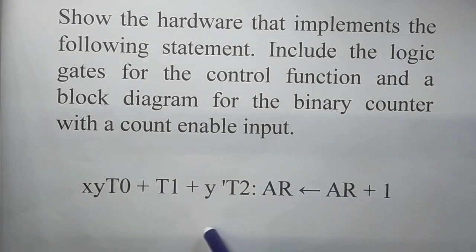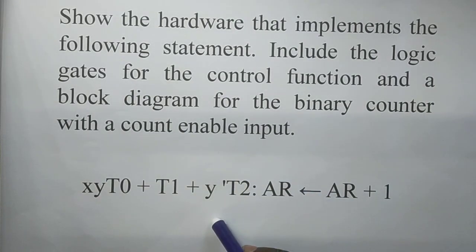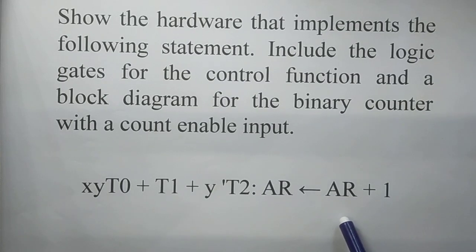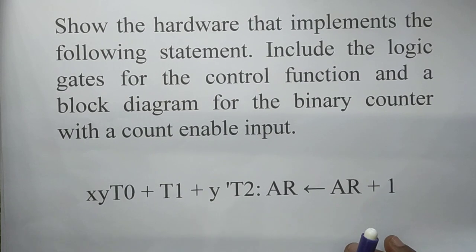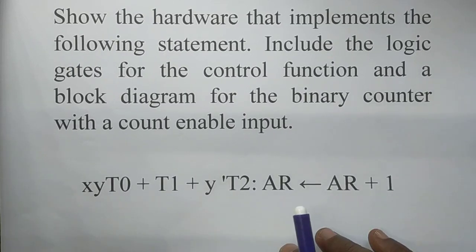Whenever that OR gate output is true, or this control function is true, the binary counter is enabled and it counts, which means it increments the address register. So this basic concept we will design through a block diagram. Now we will draw the block diagram for this particular statement.